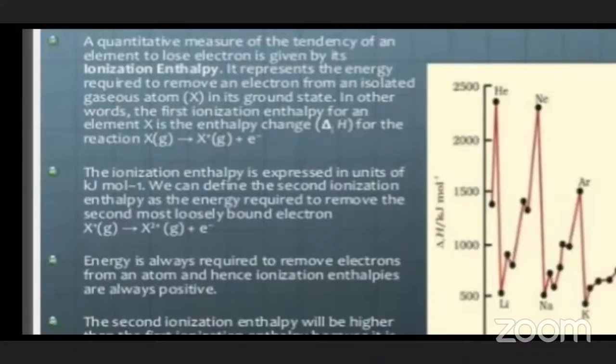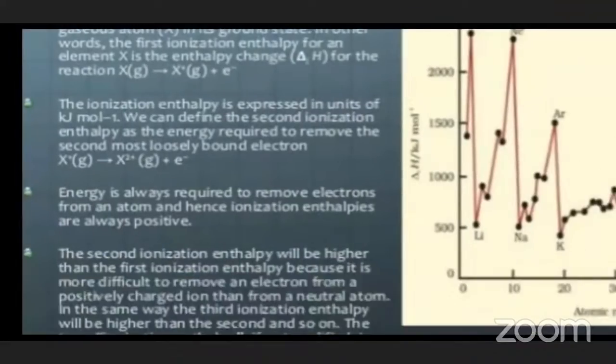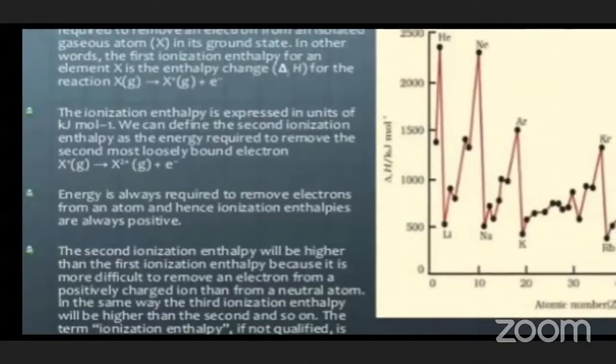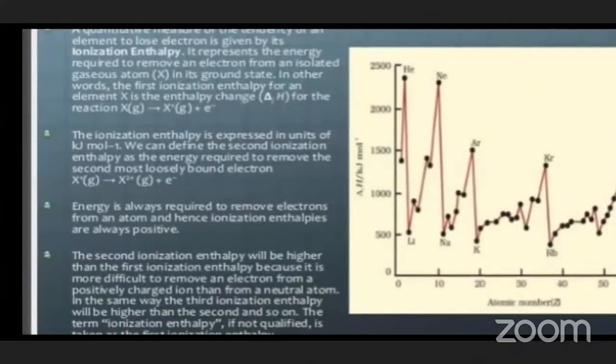We have to use somewhat more energy than the energy we used before. So removing the second electron requires somewhat more energy. Because of that reason, always the second ionization potential energy is greater than the first ionization energy, and similarly the third ionization energy is greater than the second ionization energy. Like that, second is greater than first, third is greater than second, and fourth is greater than third. Like that, the next ionization energy is always greater than the previous ionization energies.